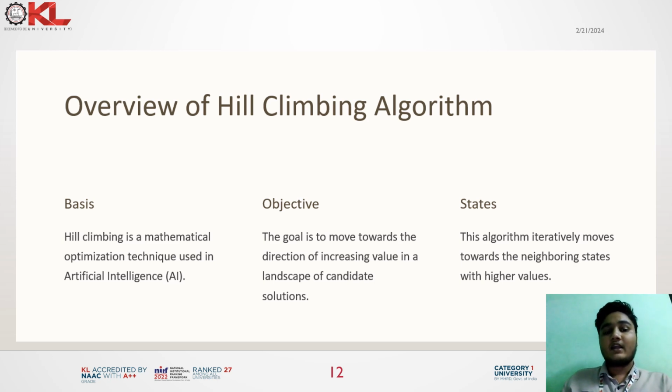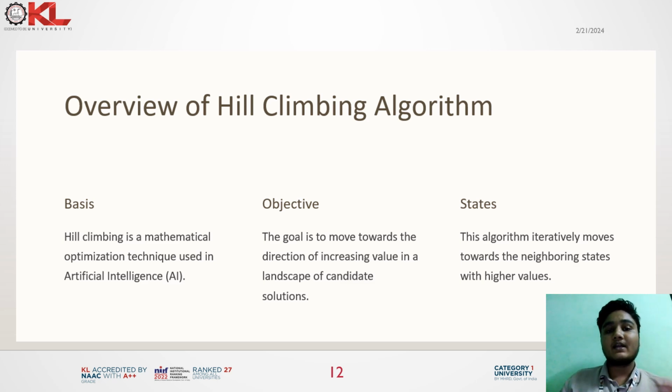It is used in AI because it is very helpful and gives results at a lower cost also. Objective: the goal is to move in the direction that increases the value in the landscape of candidate solutions, giving the best solution.